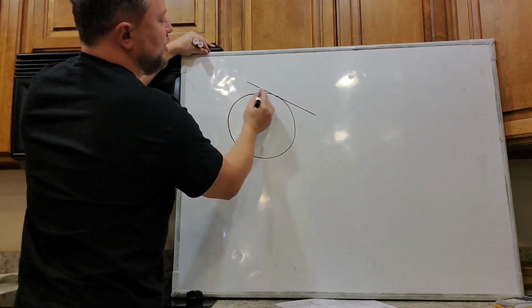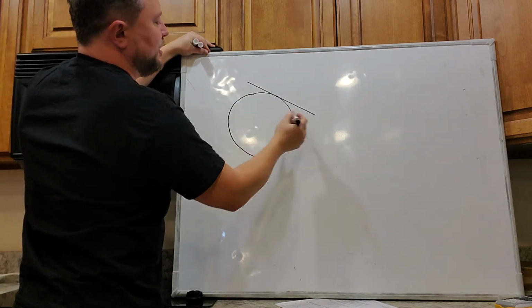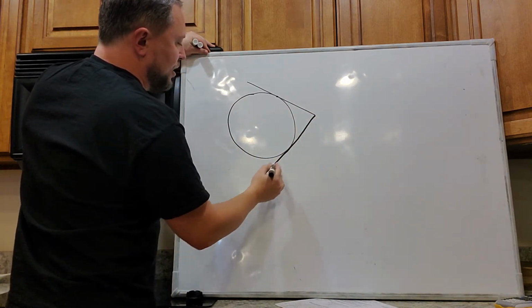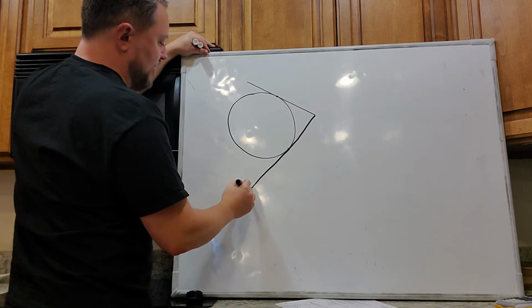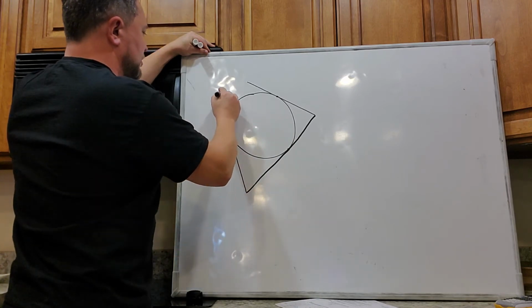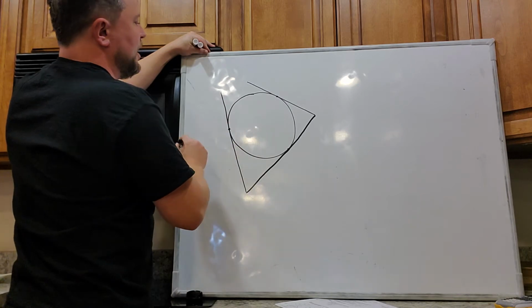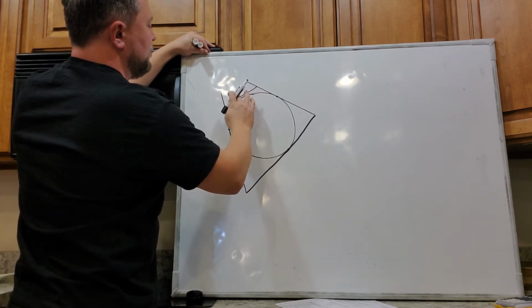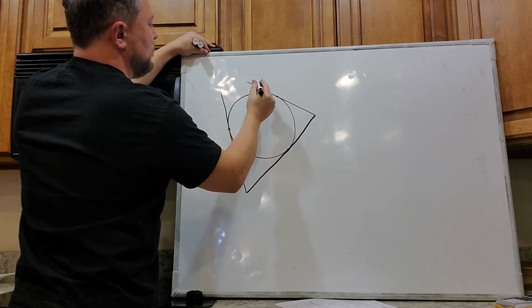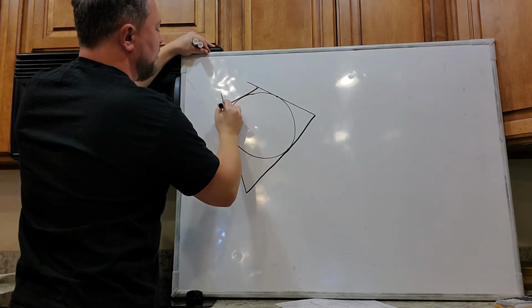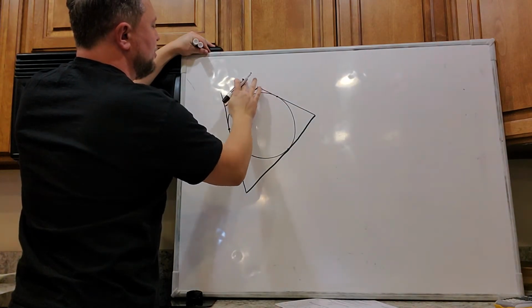So if I draw a side that just touches the circle like that, maybe another one then down here, just touching the circle like that. Then I could draw another one maybe right here, just touches the circle like that. And maybe I just cap it off. Let's try that again. Maybe I just cap that off like that, just touching the circle there.